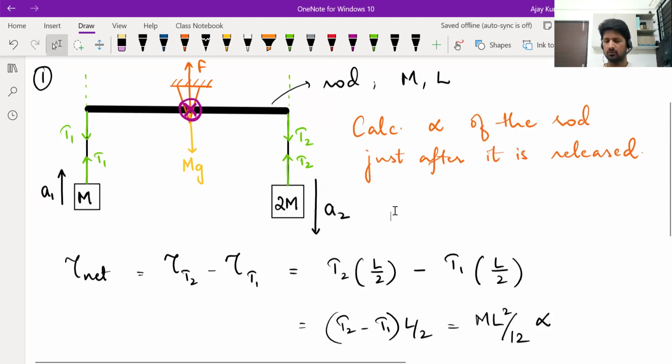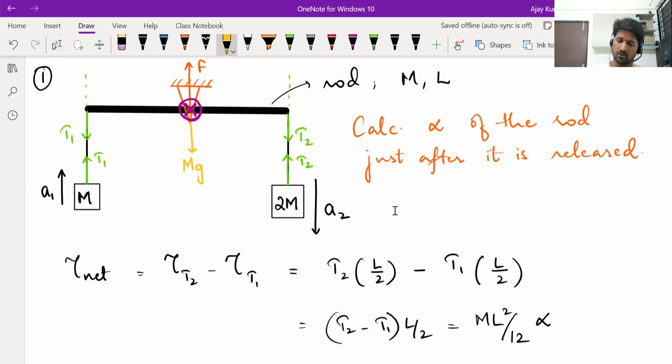So basically, how to think? You must see how they are related to each other or how they are connected to each other. Now both the blocks are connected to the rod. That is the common thing between these blocks. One block is at one end of the rod, the other block is at the other end of the rod, and the rod is hinged exactly at the center.